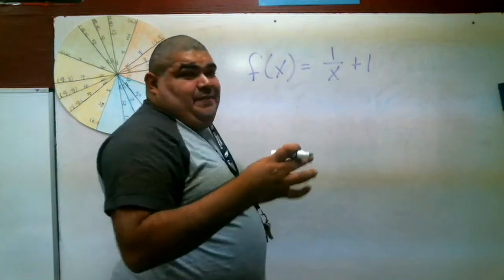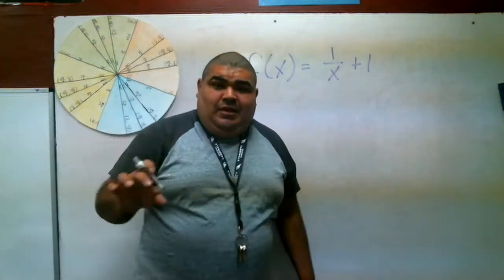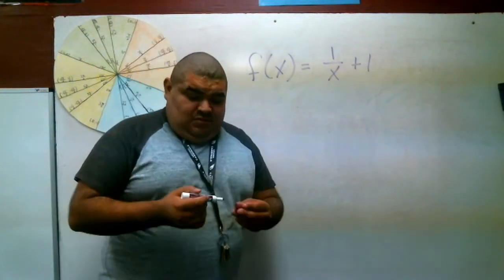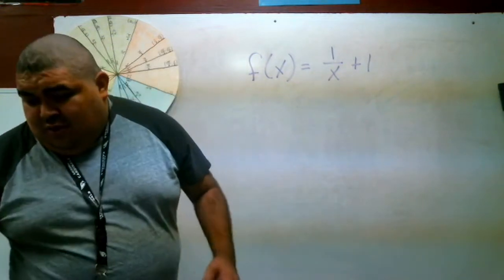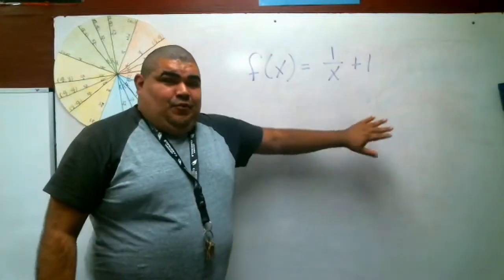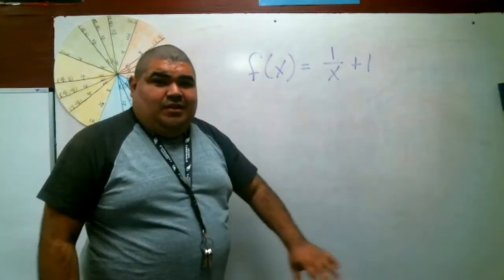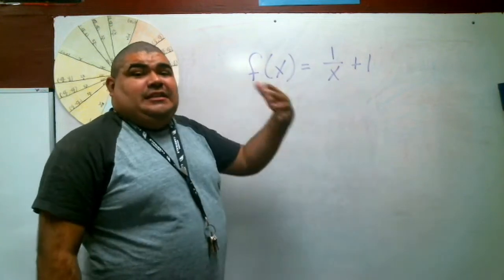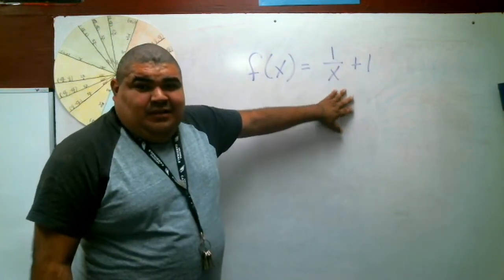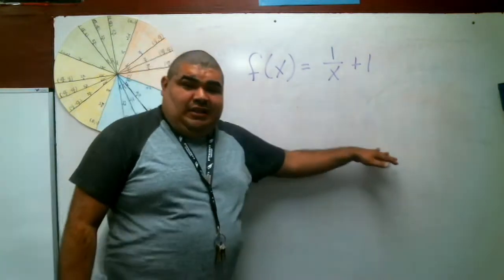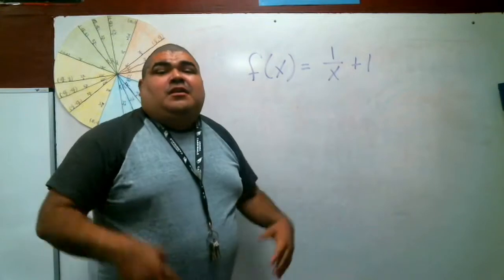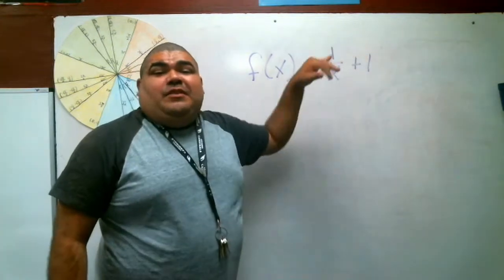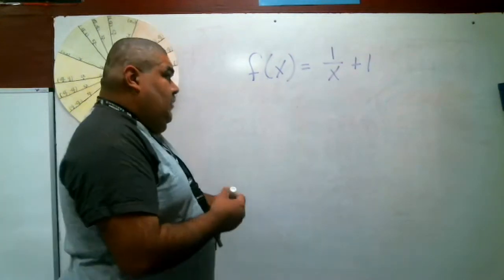To find out if we have a horizontal asymptote, you have to have a bigger power on top than on the bottom. In this case there's no x on top. If we put 1, it would be x to the 0 power, and x to the first is still bigger than x to the 0. So there's no horizontal asymptote.